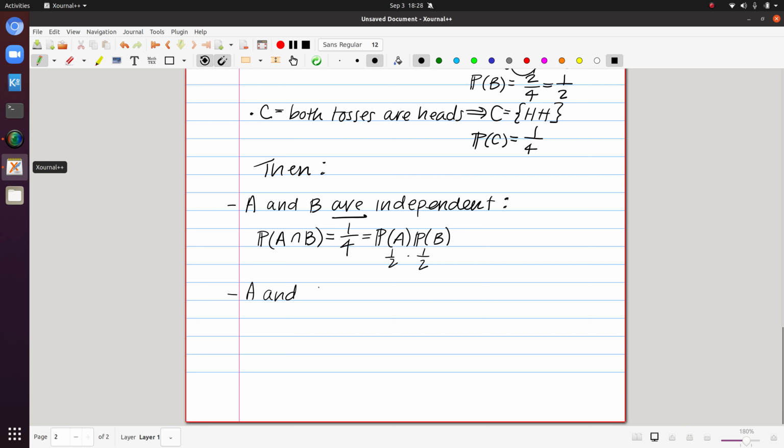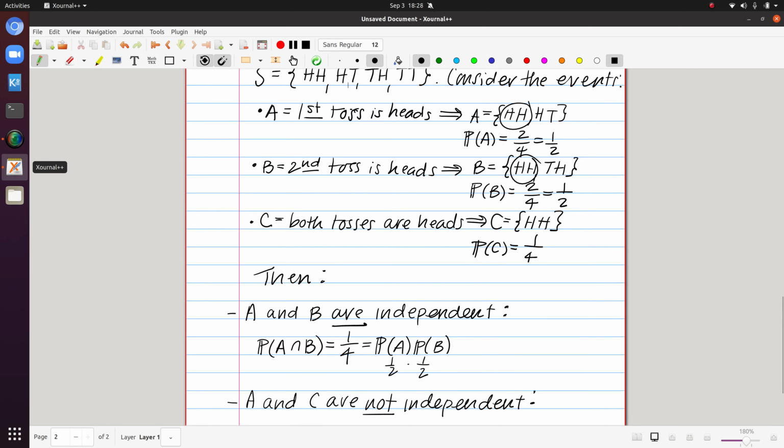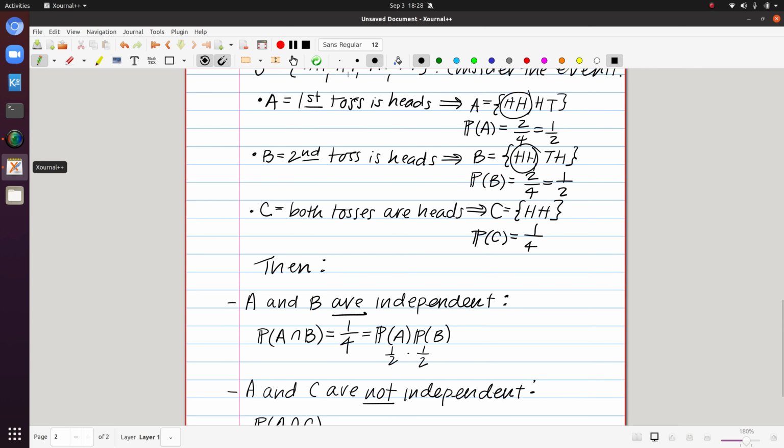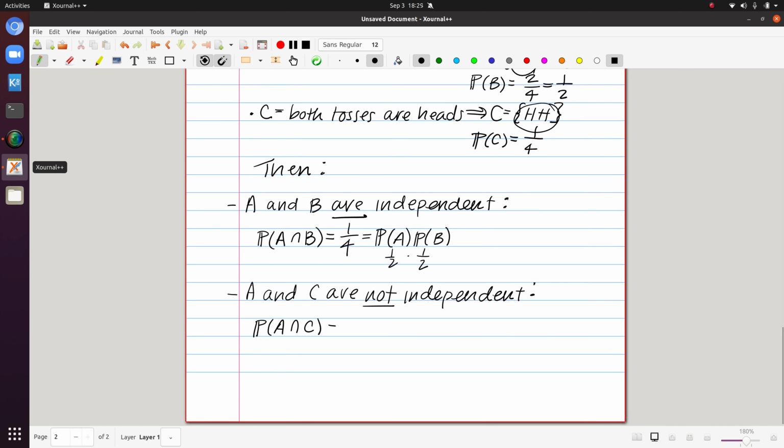A and C, on the other hand, are not independent. And again, this can be verified by looking at the definition. The probability of A intersect C, again, I look for things that lie in both A and C. Notice that in this case, the probability of A and C is actually the same as the probability of C. It's simply 1/4 because the only outcome in the intersection is heads-heads.